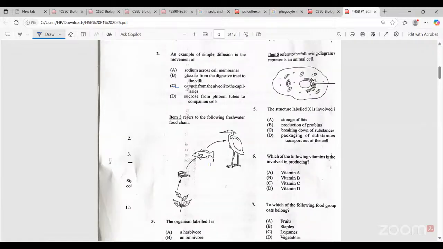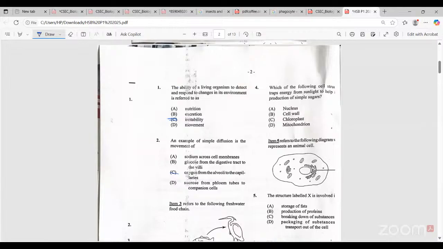Question 4, which of the following cell structure traps energy from sunlight to help production of simple sugar? And for that one, we would have the chloroplast.